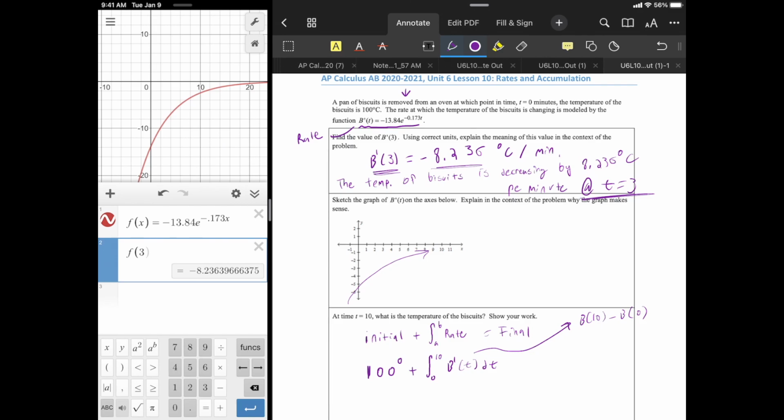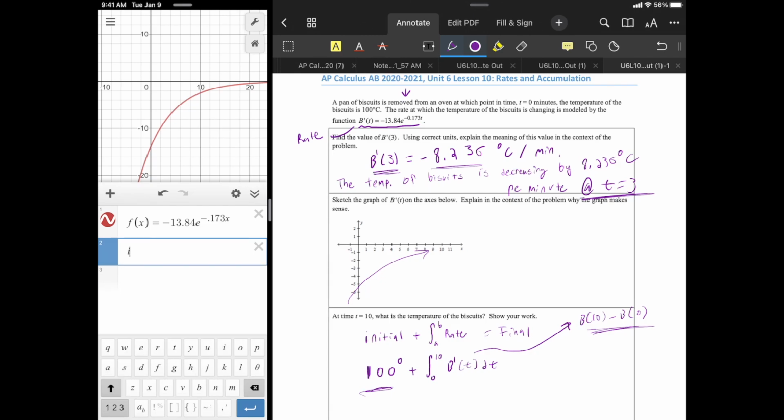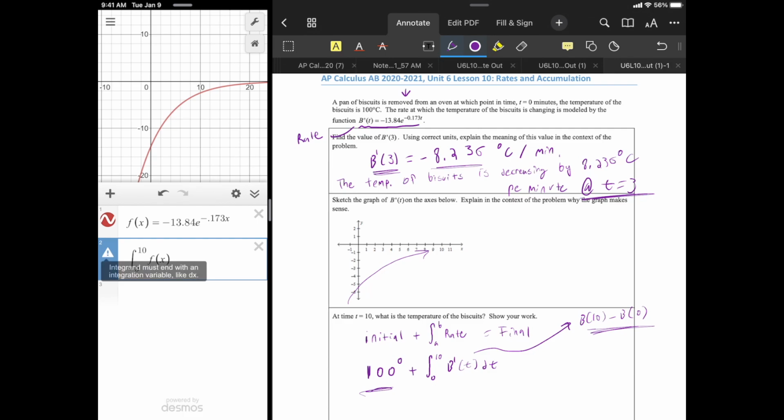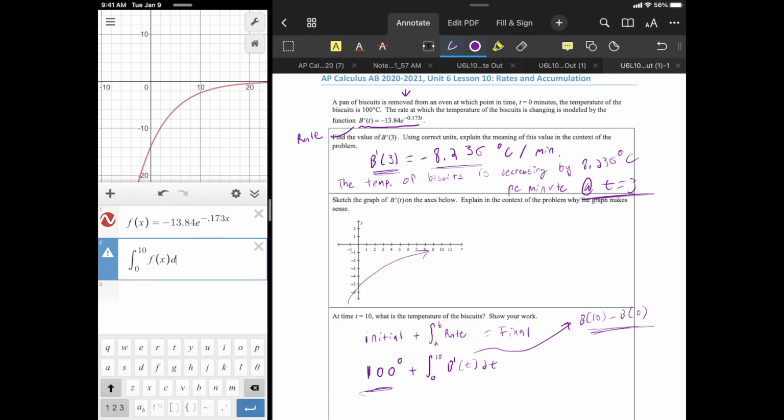It doesn't actually tell us what those two numbers are, but it tells us the rate of change. So if we know the change, we can just add that change to 100 and see what happens. So the definite integral from 0 to 10 of that f of x function, got to put that dx there.